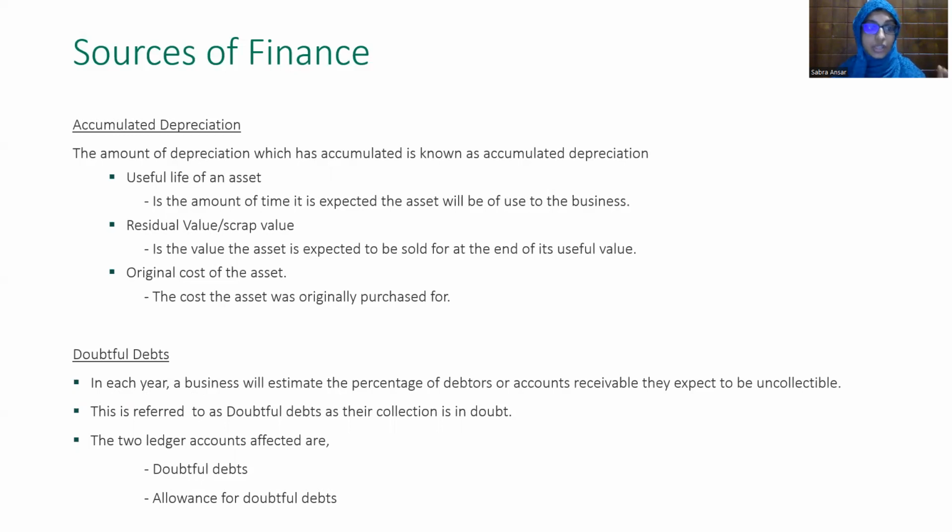Depreciation is where the original cost is divided across the useful life. If it's 10 years, it will be divided among 10 years. If it's 5 years, it will be divided among 5 years.